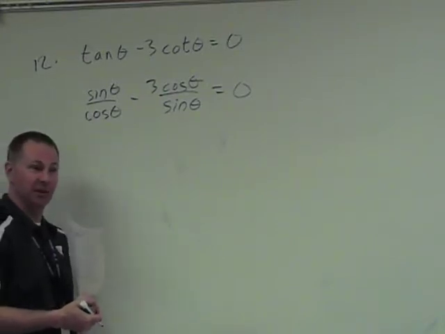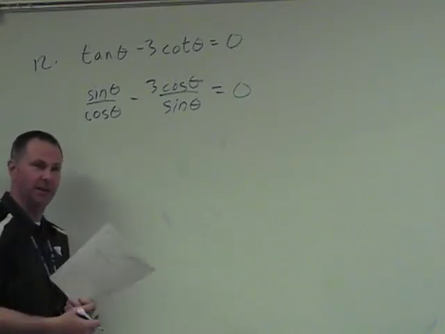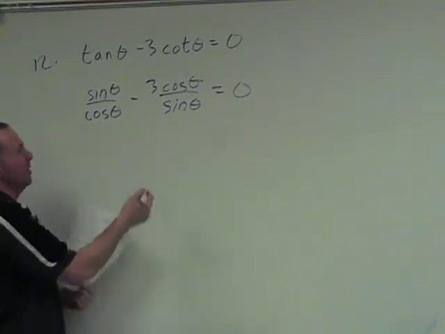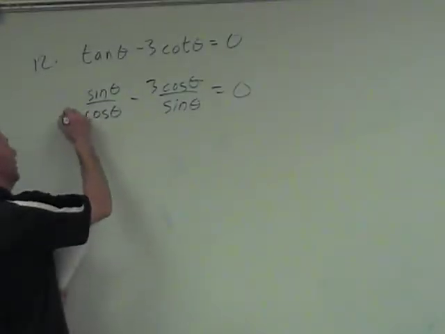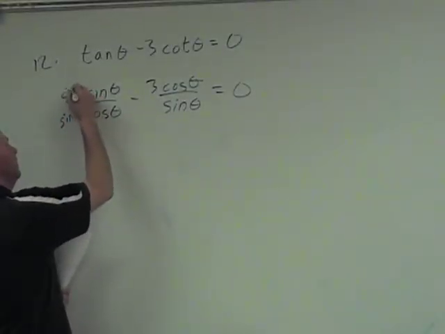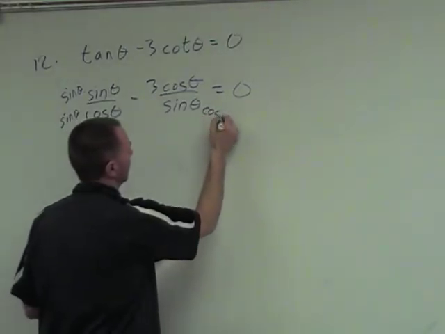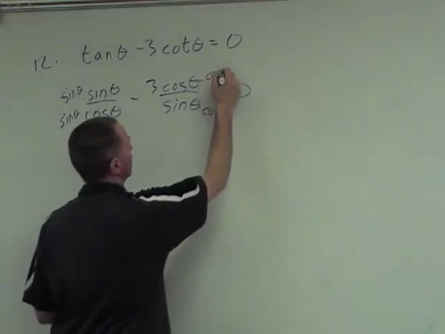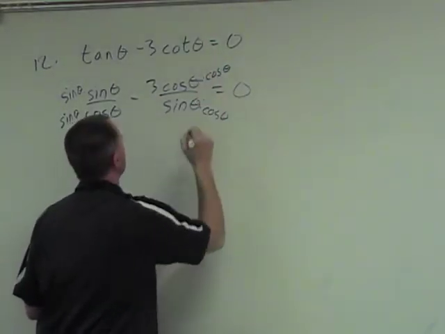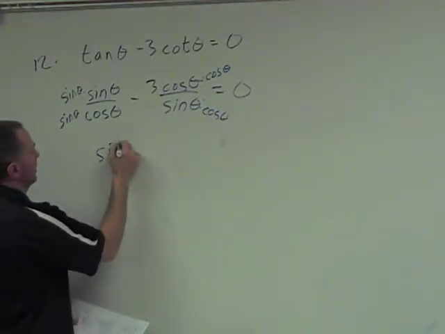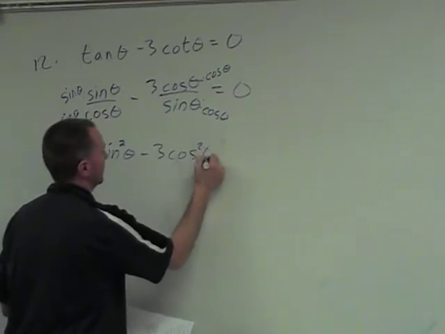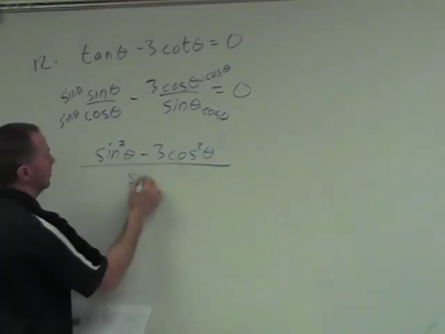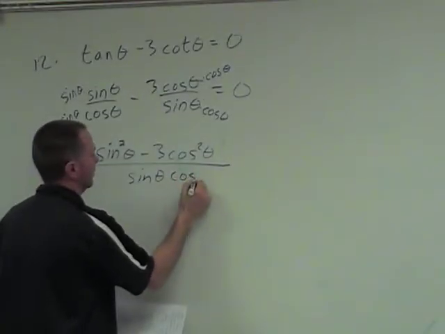Yeah, put them together. And how do you put them together? You get a like denominator. What are your like denominators? Well, cosine of theta times sine of theta. So I need a sine of theta over here, top and bottom, and I need a cosine of theta down here and up there. And look what happens. We get sine squared of theta minus 3 cosine squared of theta, all over sine of theta, cosine of theta.